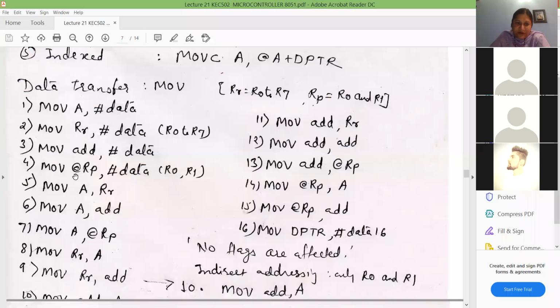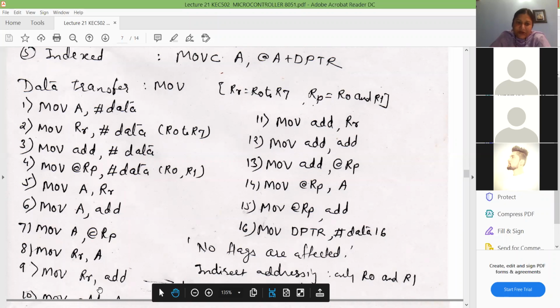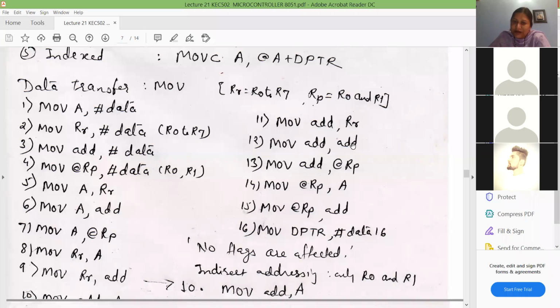Then you can move the data from any register to the accumulator. You can move the data from any memory location to the accumulator. You can move the data from the accumulator to any register. You can move the data from any address to any register. Then you can move the data from any register to any address. Then you can move the data between two addresses, from one address to another address.